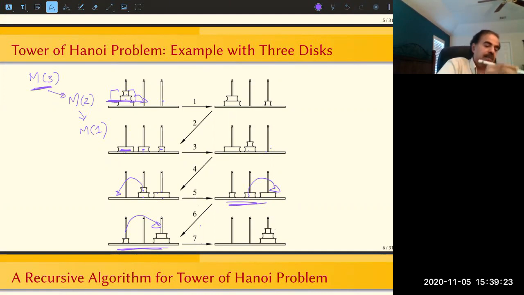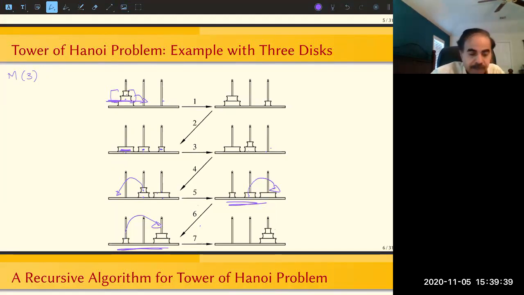So let us write this down in a way that maybe makes it a little bit easier to see what's going on. I want to do move of 3, right? So let me write down what I need to do.